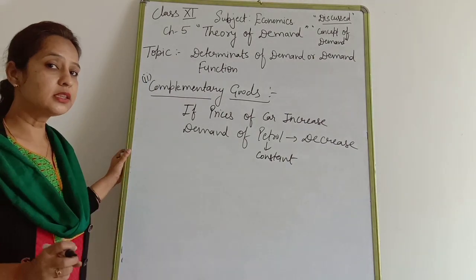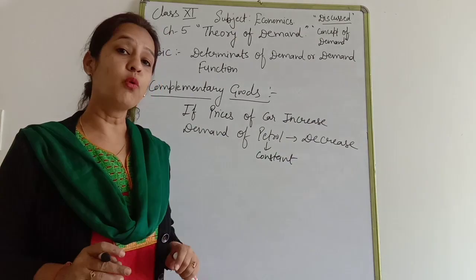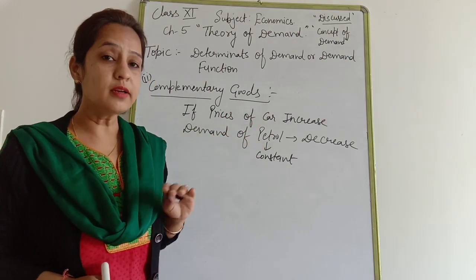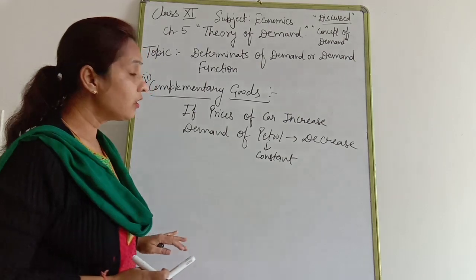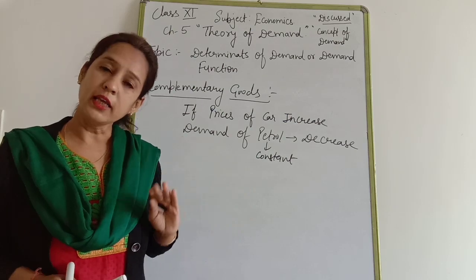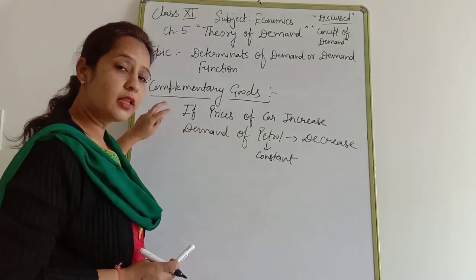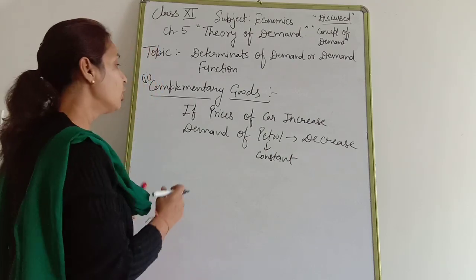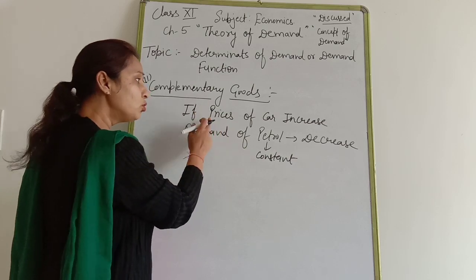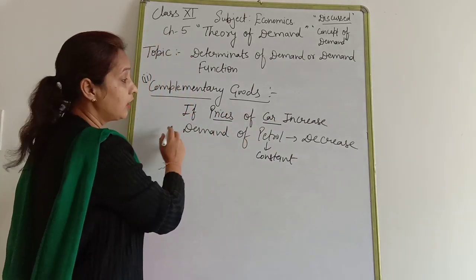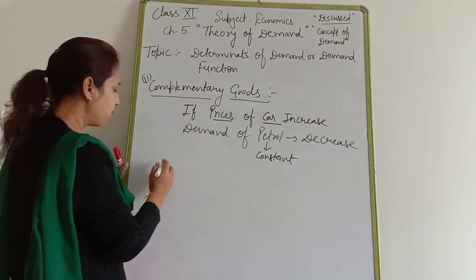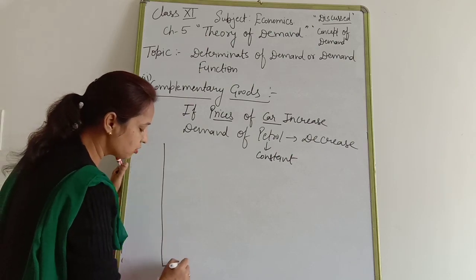Why? If the prices of car increase, the consumer is going to purchase less and less of cars. It means the quantity demanded of car decreases. When quantity demanded of car decreases, definitely the demand of petrol will also decrease. So they are demanded together, they are completing each other's demand. So in that condition, although the price of petrol is constant, due to the change in the prices of car, the demand of petrol decreases. These kinds of goods are known as complementary goods.